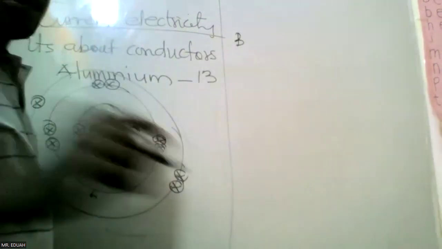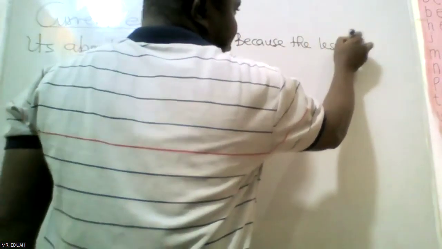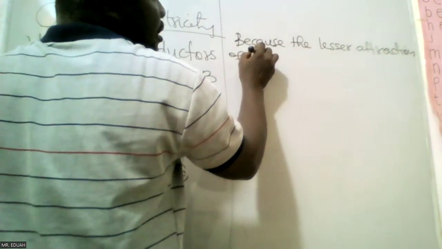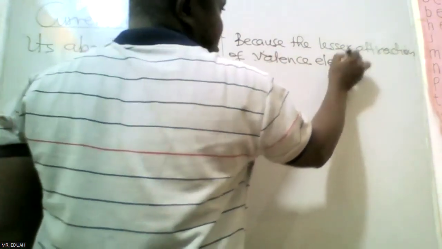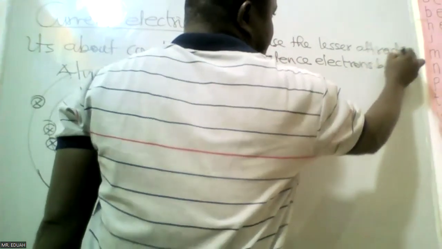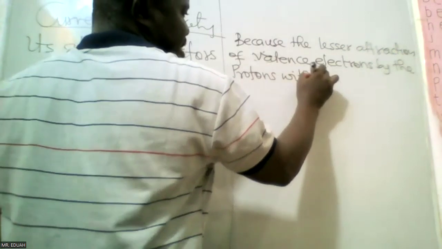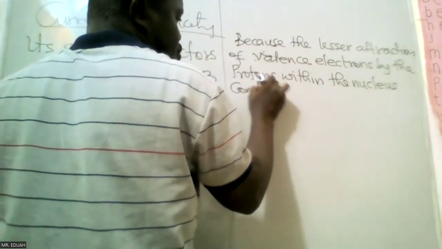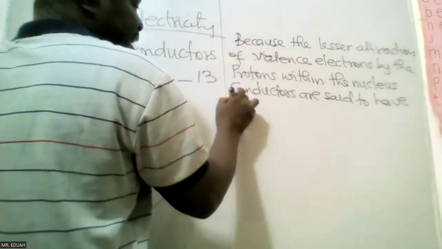Because of the lesser attraction of valence electrons by the protons within the nucleus, conductors are said to have free electrons.